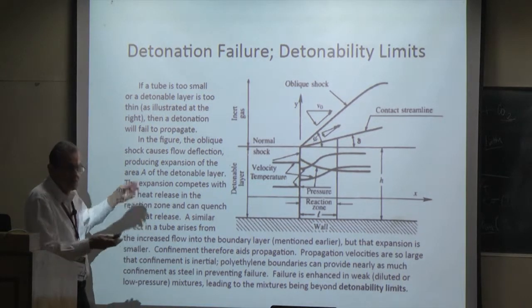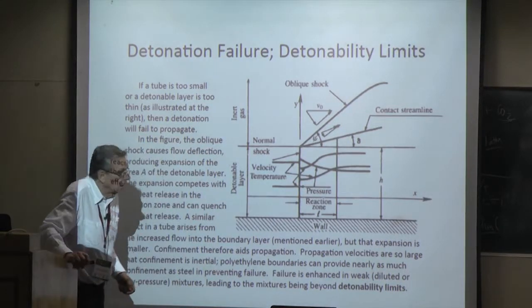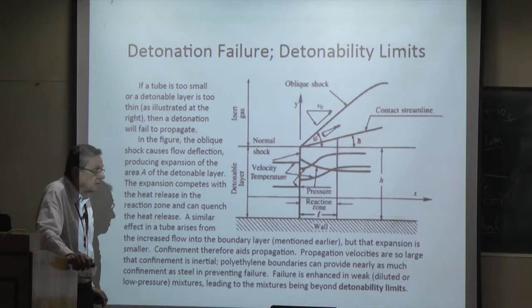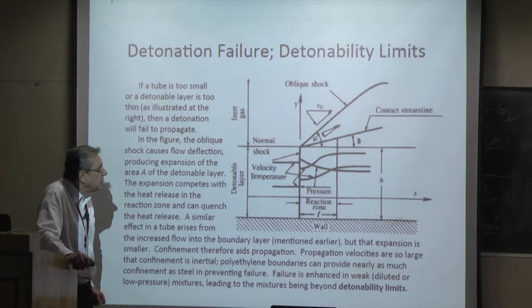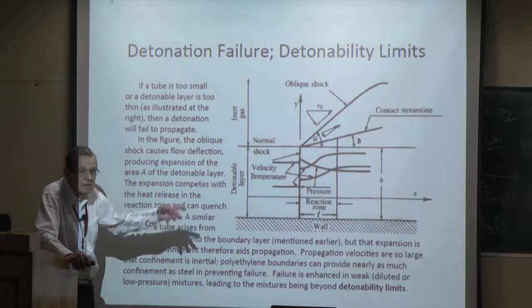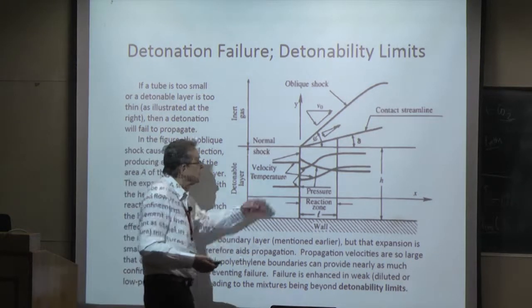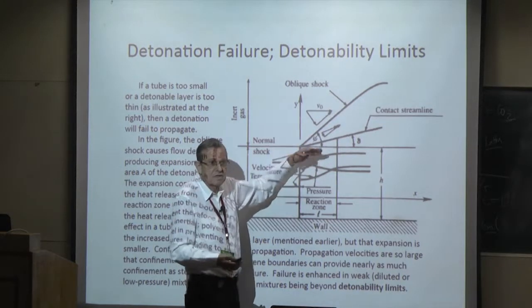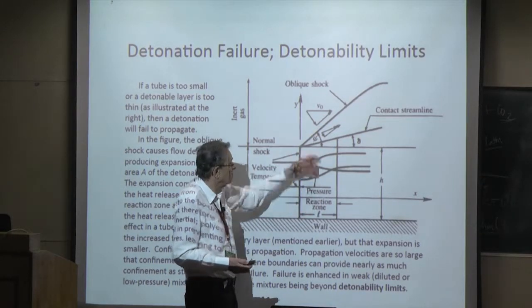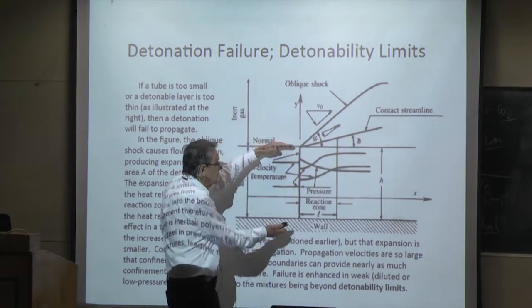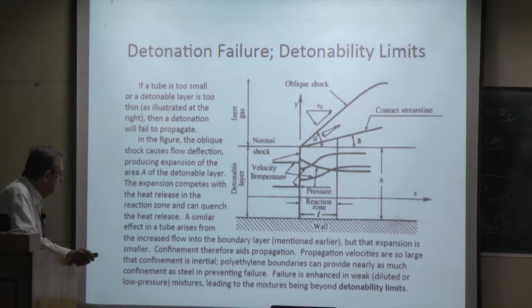Area expansion in subsonic flow behind the shock wave, this is what this flow is, decreases the Mach number, whereas the heat release increases the Mach number, and you have to increase it at least to the choking point, Mach 1, to complete the detonation. So if the area expansion is too large, it prevents that from happening. So there no longer is a solution for the structure of the detonation. And so if this layer is too thin, then the detonation will fail.